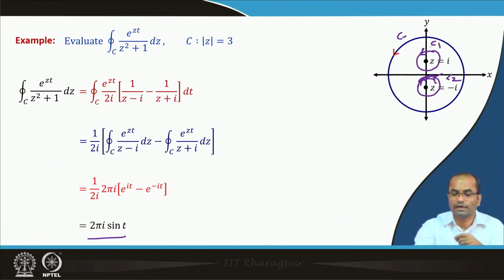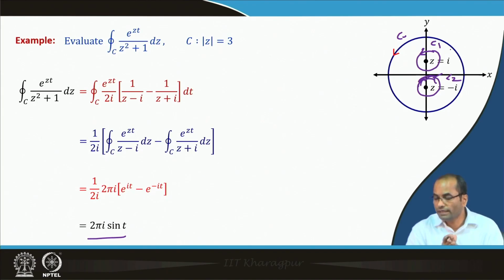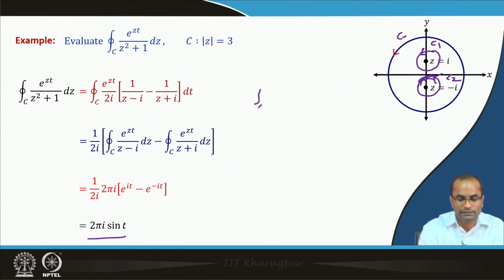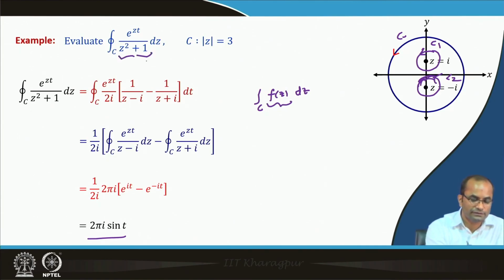So, we have drawn two more circles C1 and C2 enclosing these two problematic points, and then we can write down using this extension for the multiply connected domain, where f(z) is the whole integrand.